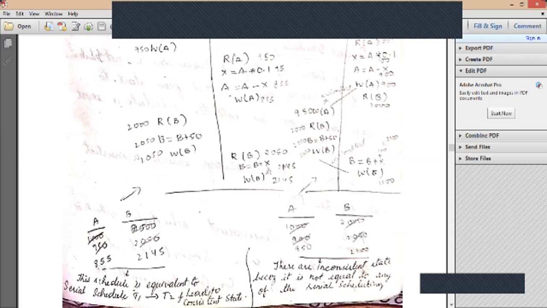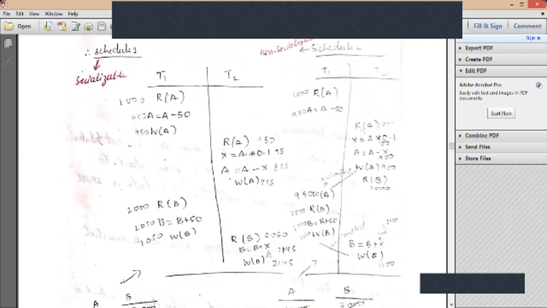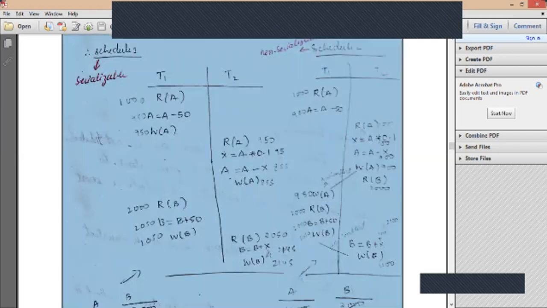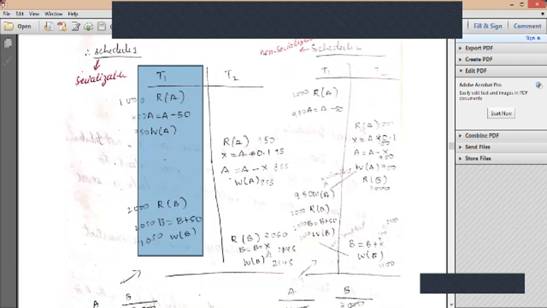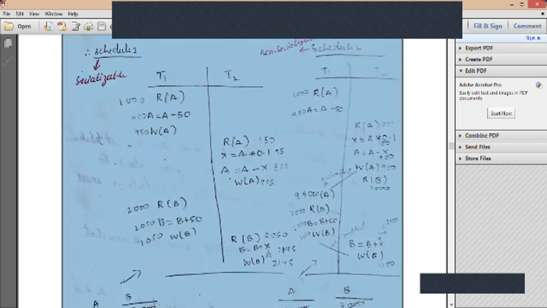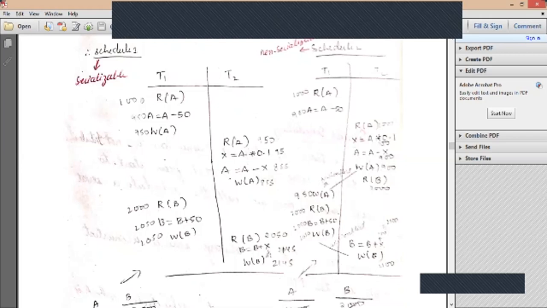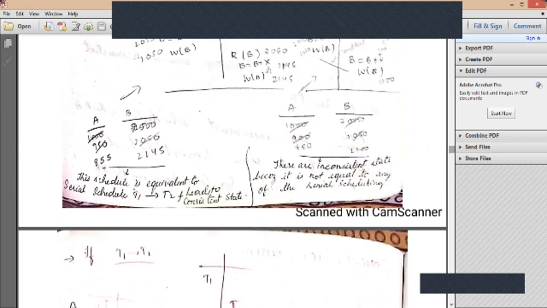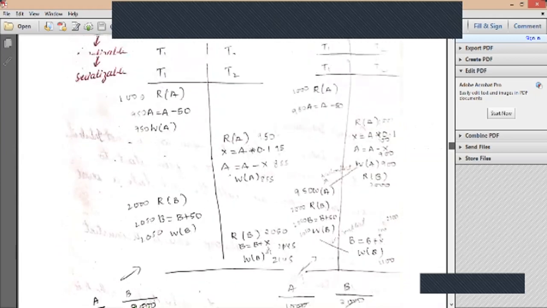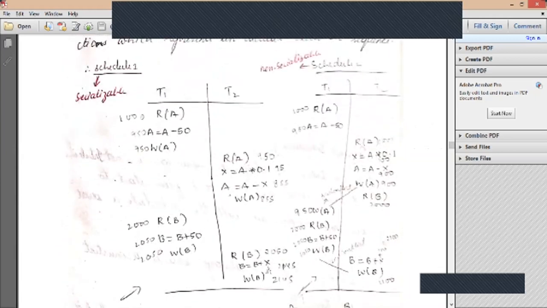Now, whenever we perform each transaction individually, whatever output we get singly should be the same as what we get in concurrent execution. Only then is that schedule said to be serializable.